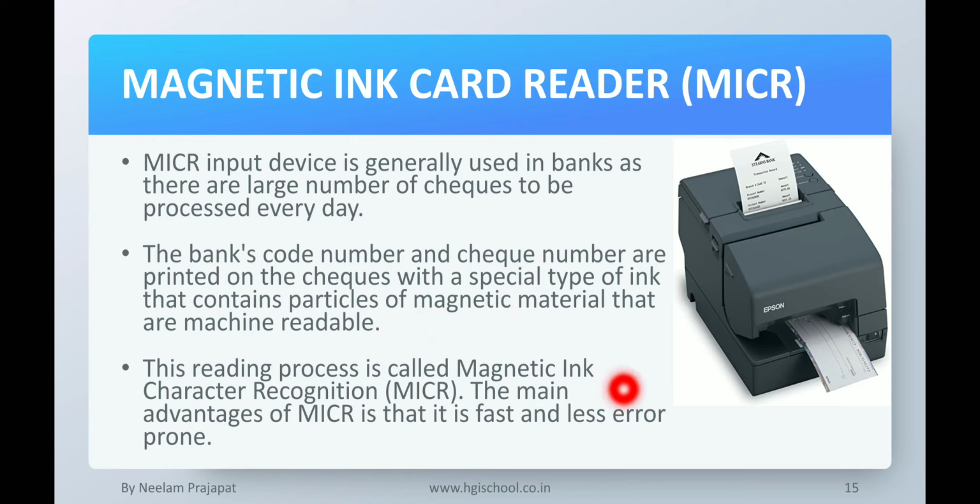These days banks mostly use MICR checks so that those checks can be easily read by the magnetic ink character reader. This reading process is called magnetic ink character recognition, and the main advantage of MICR is that it is fast and less error prone.